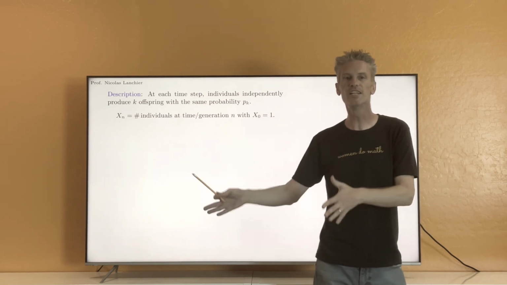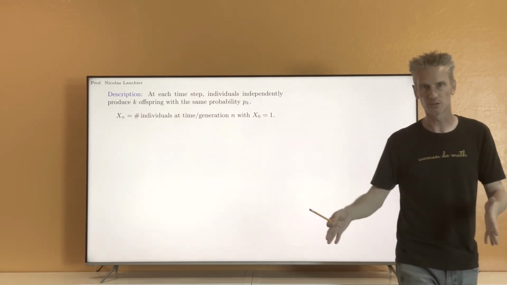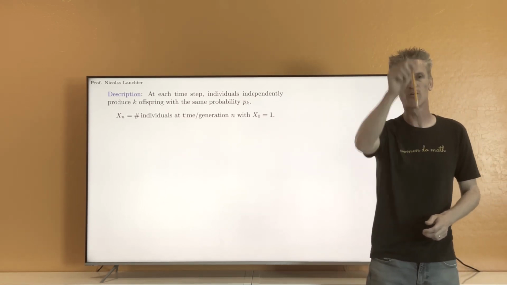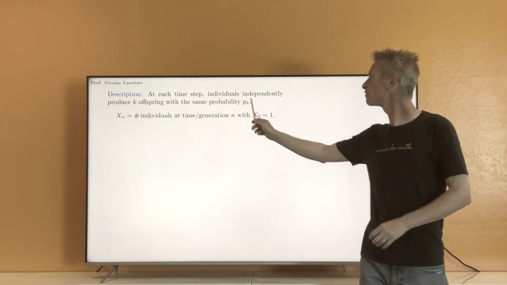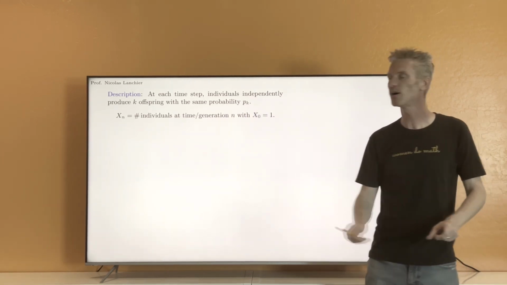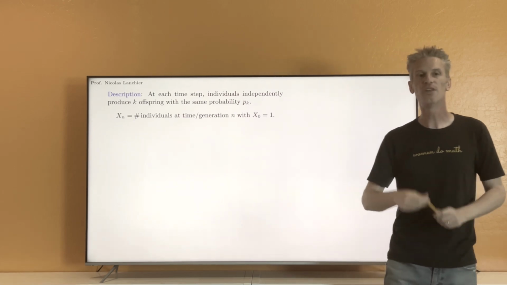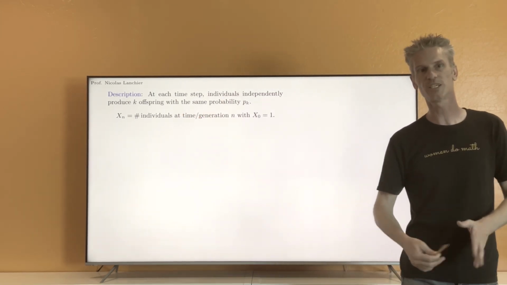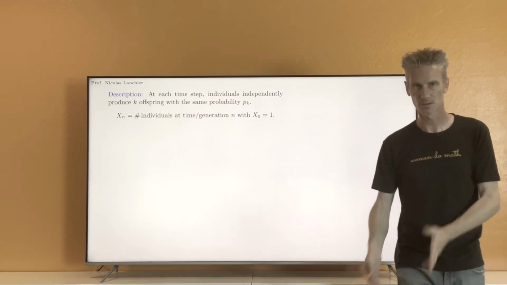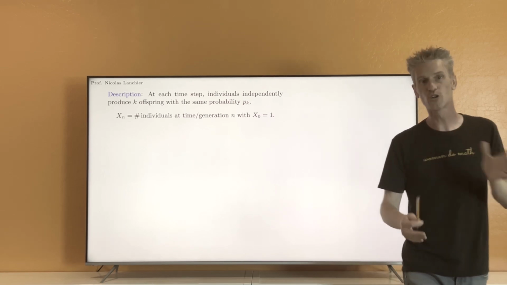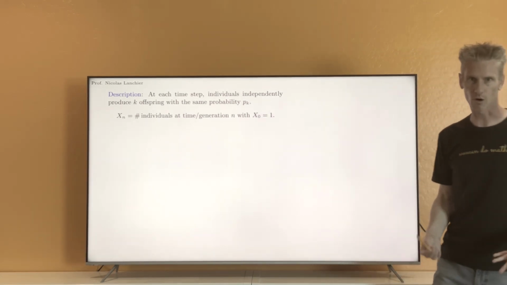That's pretty much the only thing a computer knows how to do. And if your uniform random variable falls in the interval of length pk, and notice that this indeed happens with probability pk, then you decide that your random variable Y describing the number of offspring is going to be equal to k. That's how you simulate using a computer a discrete random variable.